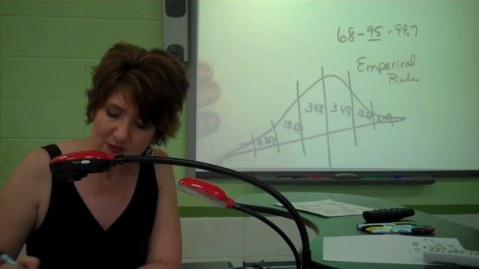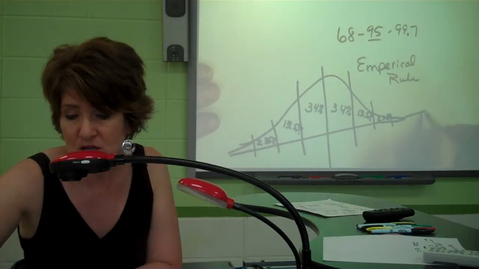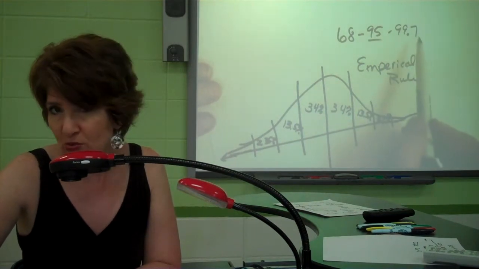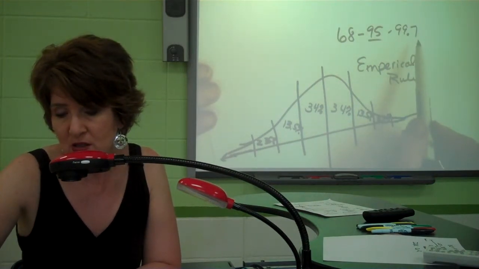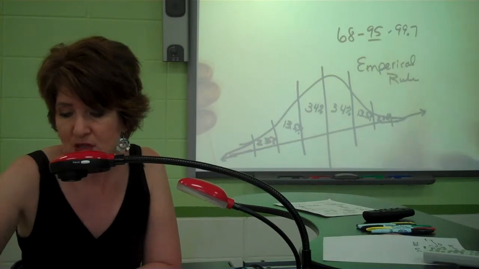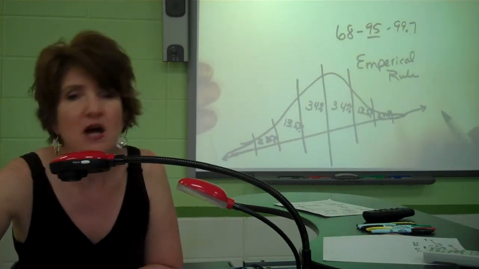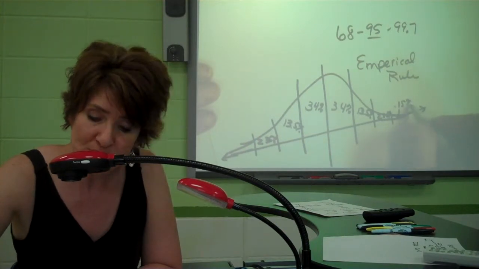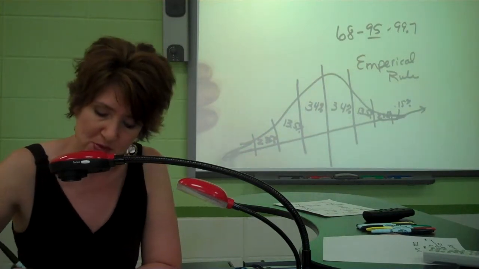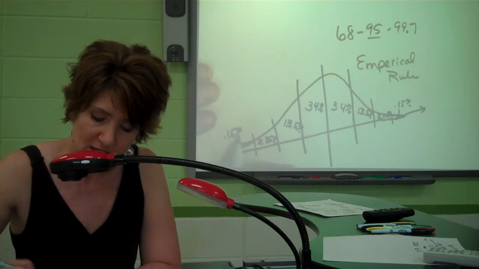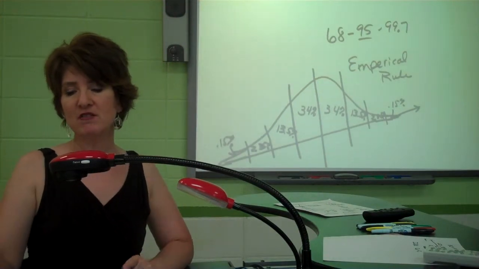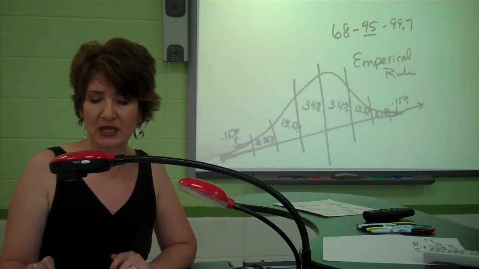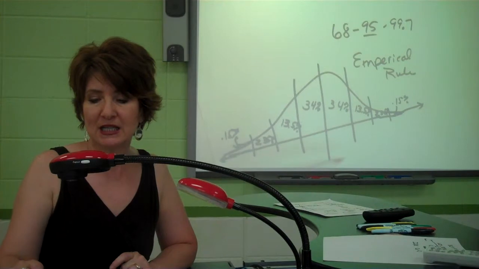What's left for the little dab that goes on this direction and on this direction? Well, 0.3% from 100 is what we have left. And so if we take that 0.3 and cut it in half, that is 0.15%, not 15%, 0.15% in each one of these little tiny pieces. In other words, very, very rare that we would be here, very, very rare that we would be here. Most of the kids are falling in here somewhere.